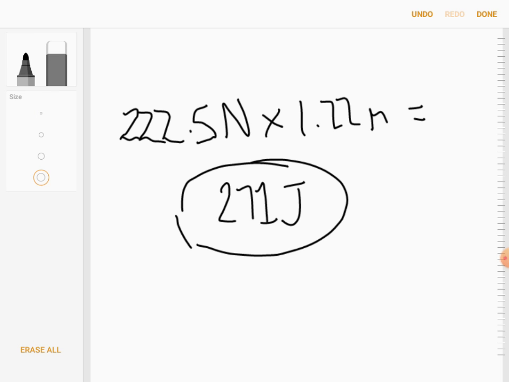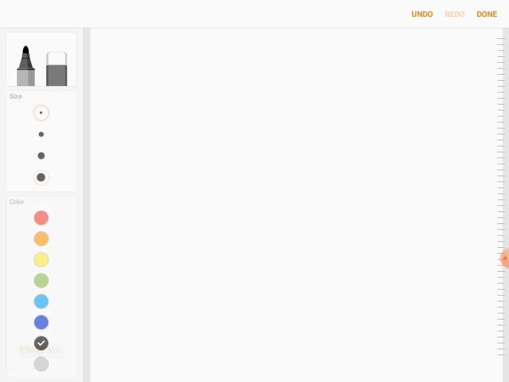That is work. Now, there's energy also. Energy, the literal definition, is just the ability to do work. So what are the different forms of energy that can be used to exert a force over a distance?